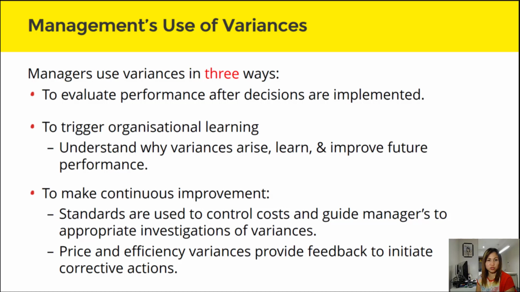That actually leads to the second one. It facilitates the company to learn how to improve future performance. Ideally, companies will be doing this regularly. Therefore, it will help them to make continuous improvement.